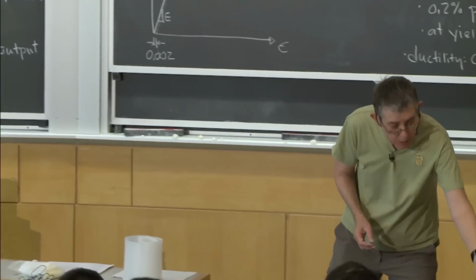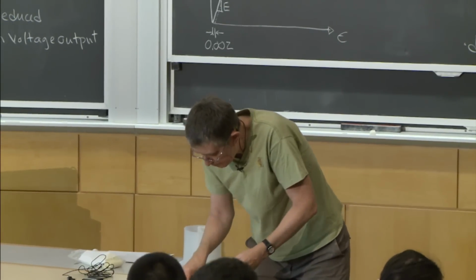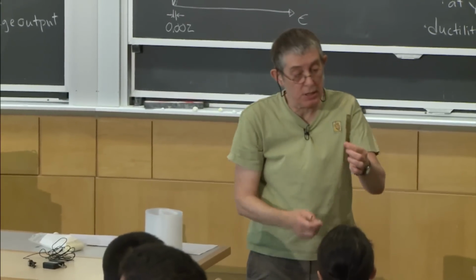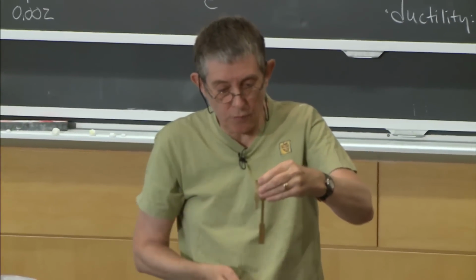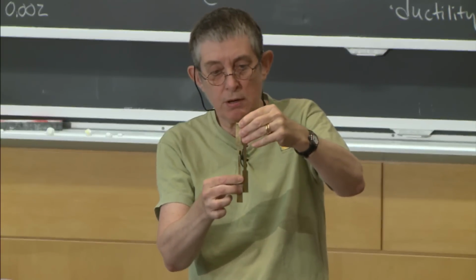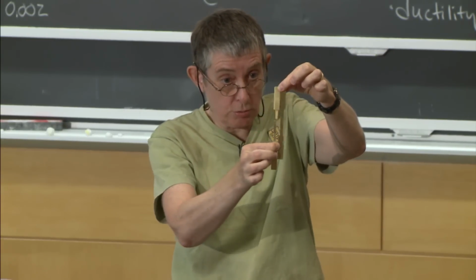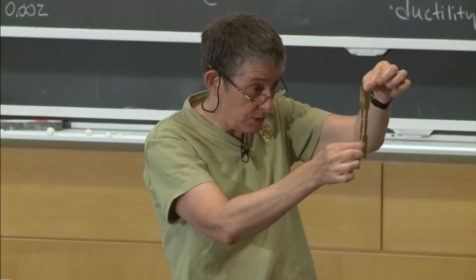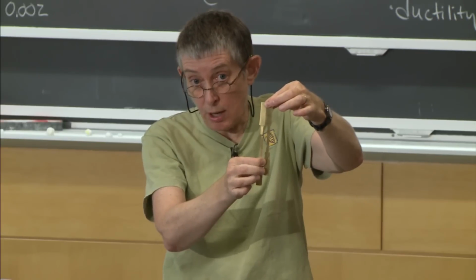But let me show you one of the specimens that was from the lab yesterday. So this is a brass specimen here. So it started out this big here, and when it was deformed and failed, you can kind of see where it failed here, it was that length there. So you can see just looking at those two pieces that it's got longer by about 25 millimeters, something like that. So that's a measure of the ductility, how much longer it got before it broke.